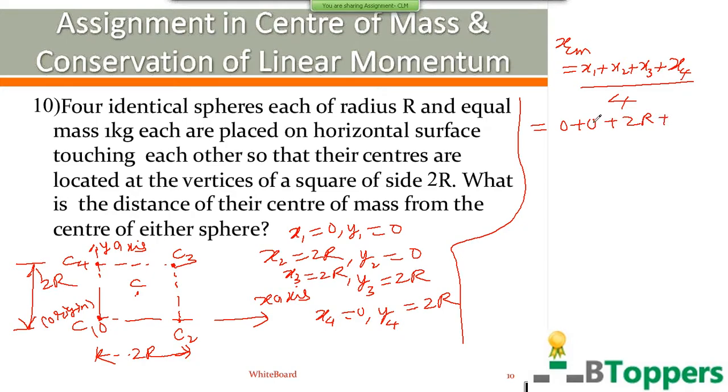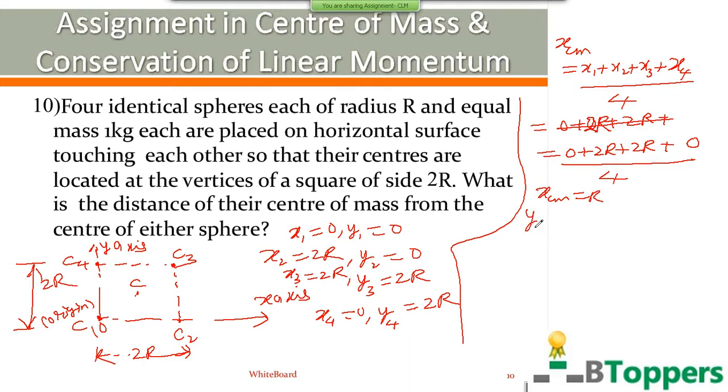Here x1 is 0, x2 is 2r, x3 is also 2r, and x4 is 0, all divided by 4. So you get the x coordinate of the center of mass as r.